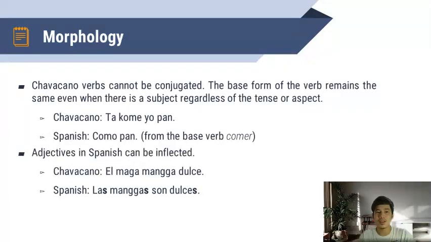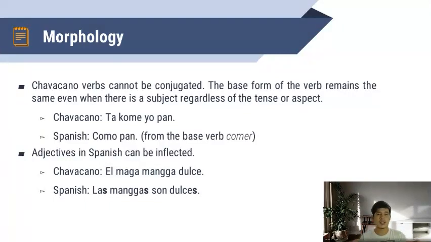So notice that if the noun in Spanish is plural in form, the article, as I had said earlier, is also plural in form. And also the adjective is plural in form. So we can see a parallel construction in this case, as for the adjective dulce in Spanish.